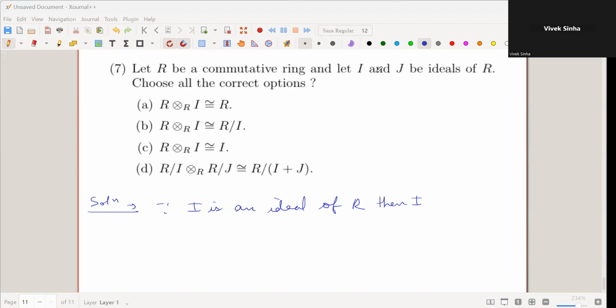Yes, but it's a commutative ring, so left and right, it will be both. In a commutative ring, there is nothing like left or right, because a left ideal is by default a right ideal. So I is an ideal of R, then I is an R module, and thus we have seen that R tensor R with I is going to be isomorphic to I again.